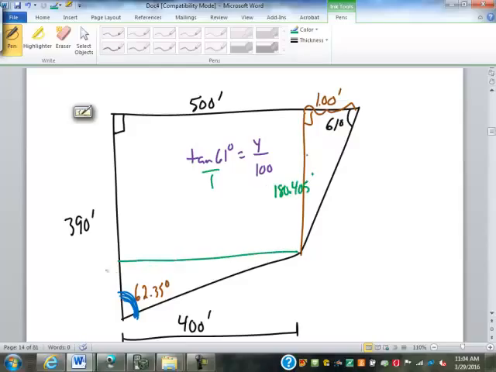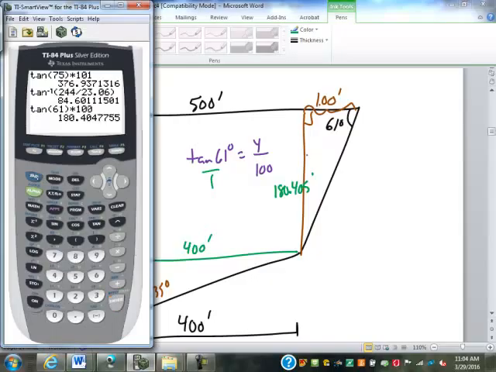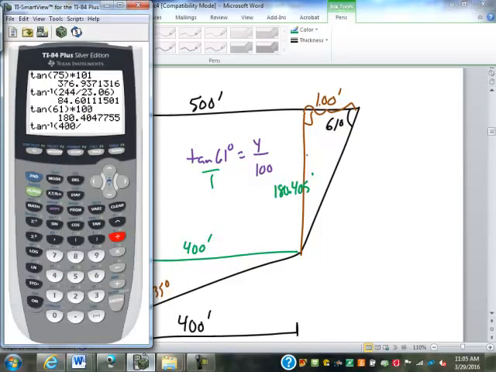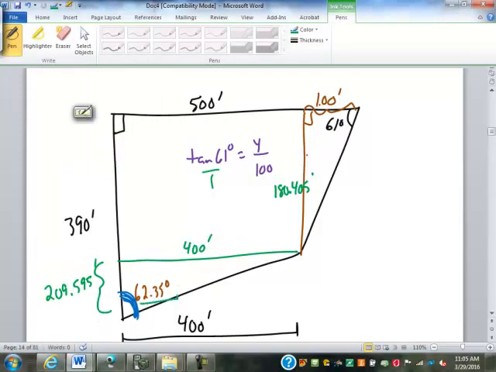Which means when we cut this, this is going to be 209.595 feet, correct? So this is going to be an inverse tangent, second tangent of 400 divided by 209.595. 62.35. Very good.